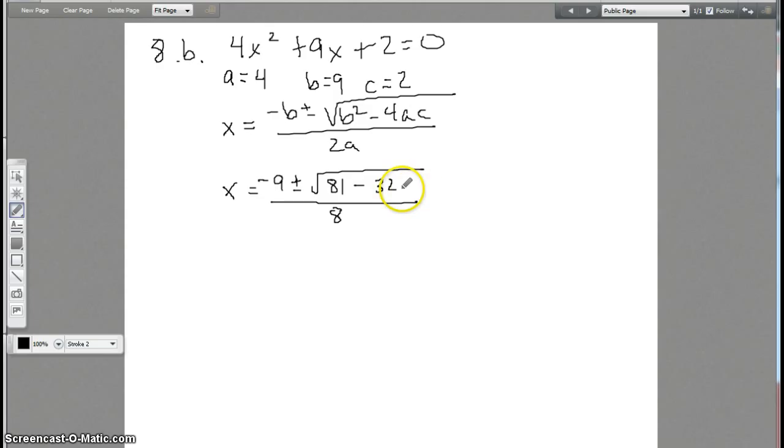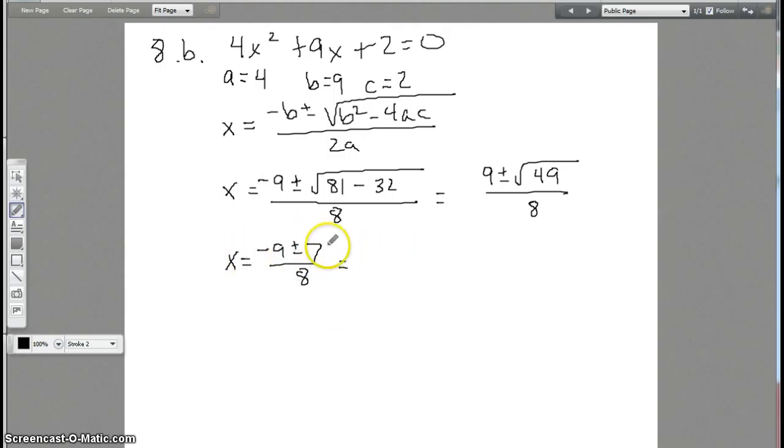So then we need to solve what is inside of our square root. 81 minus 32 is 49, all over 8. But 49 is a square number. The square root of 49 is 7, so this means x equals negative 9 plus or minus 7 over 8. So we can go ahead and break this up into our two values.